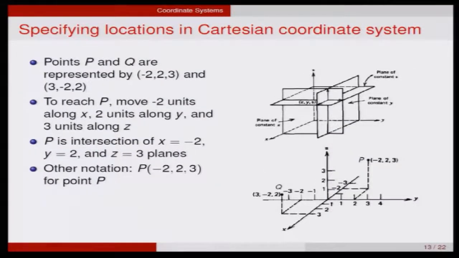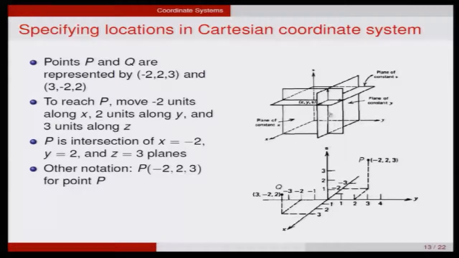Let us look at how to specify points in a 3-dimensional coordinate system. To specify a point x, y and z, okay, I need 3 planes. As I have just told you, I need 3 planes. This plane should be erected at x equal to some constant, whatever value is given to me, and this plane you can see here is to be erected at y equal to a constant.